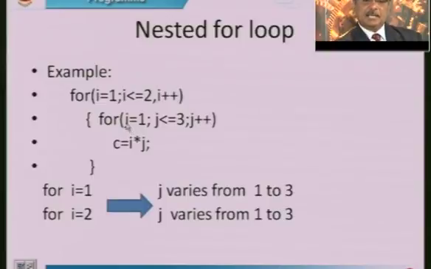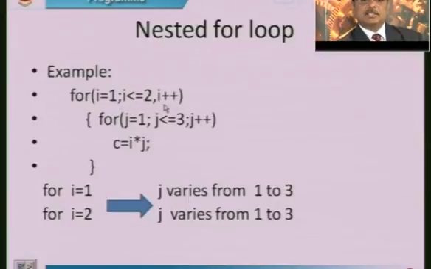Here you are initializing another variable j equal to 1; j less than or equal to 3; j plus plus. How does this for statement work? Initially for i equal to 1, j varies from 1 to 3 and executes this statement. After executing 3 times, the control goes back once again to the first for statement.